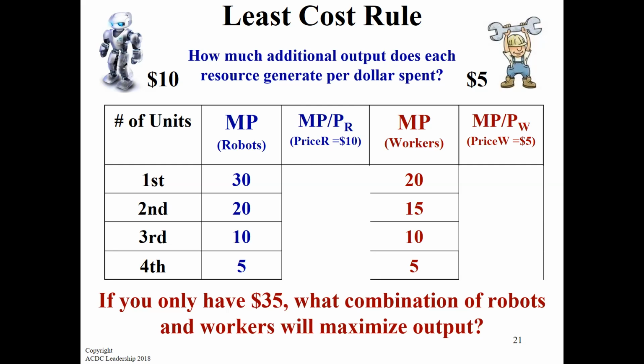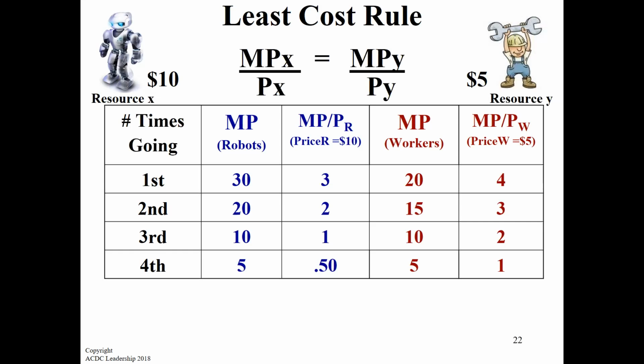All right, and then I get my answers, right? So the first thing is, I'm looking for 3 to equal 3. But here, 1 robot, I'm spending $10, and 2 workers, 2 times 5, I'm spending 10, only spending 20. So I know 3 is not the answer. All right, so then I'm going to go down to the next one, 2.